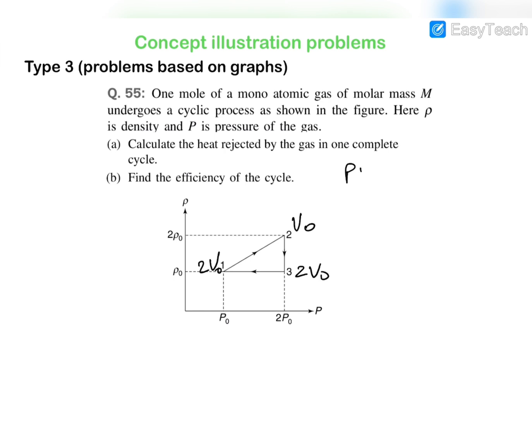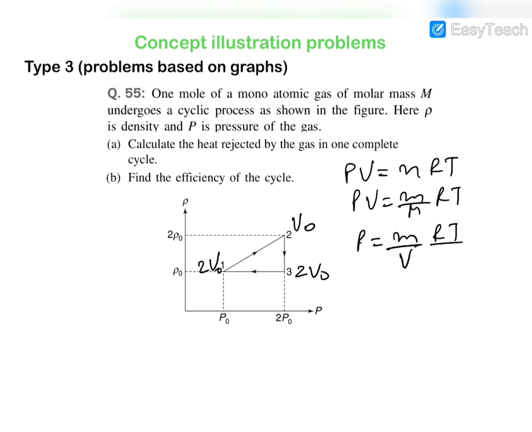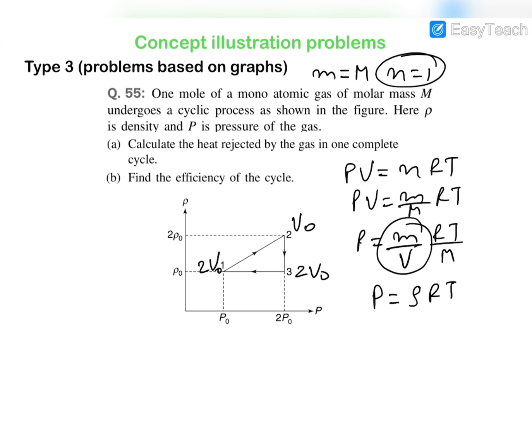We know that PV is equal to nRT, and n is equal to mass upon molecular mass, so P will be equal to (M by V) RT by M. And the mass of the gas will be the molecular mass because the number of moles is 1. So we can write density as rho, and pressure will be equal to rho RT by M.